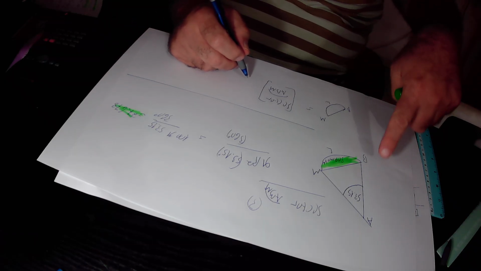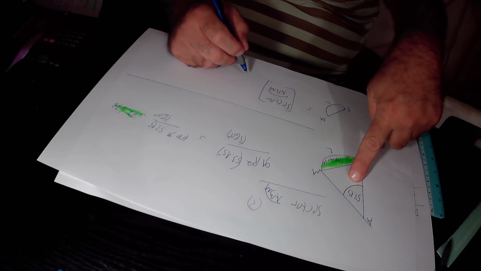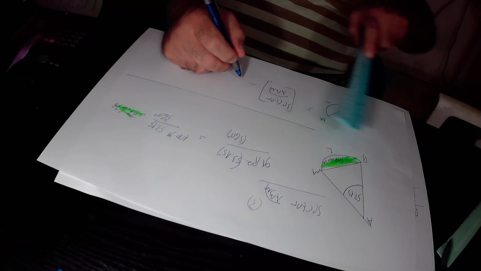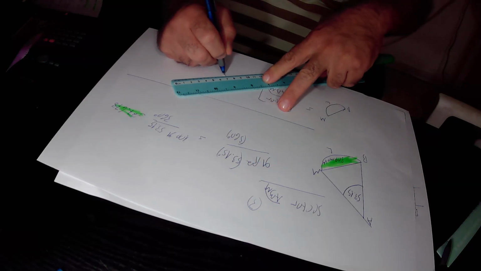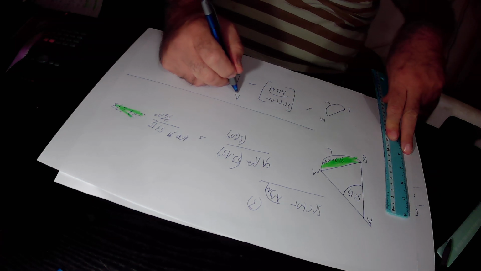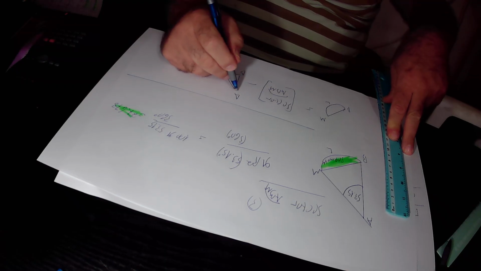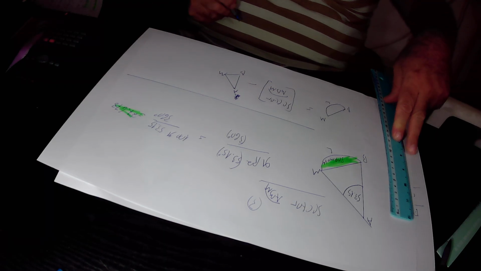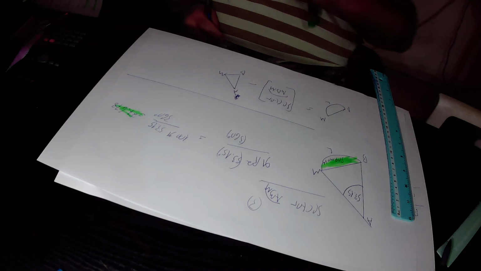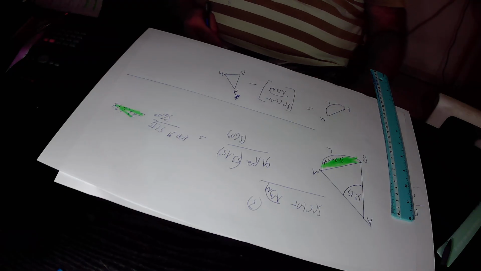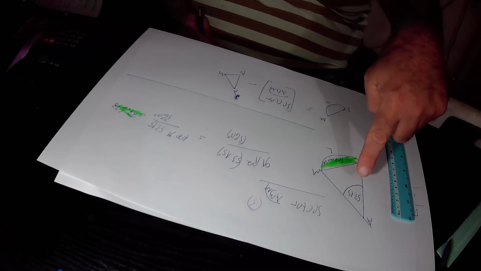And from the area of sector ABM, we have to subtract the area of this triangle ABM.